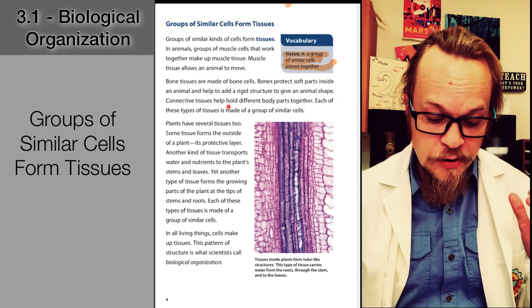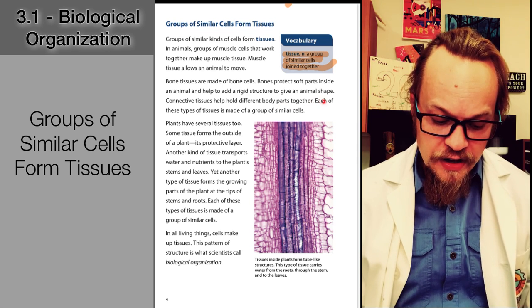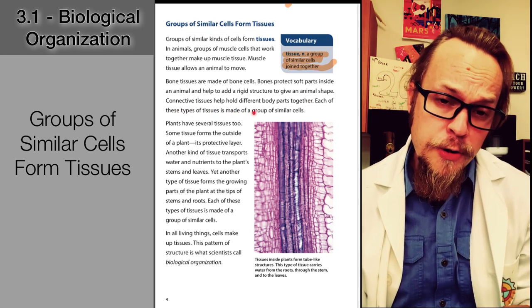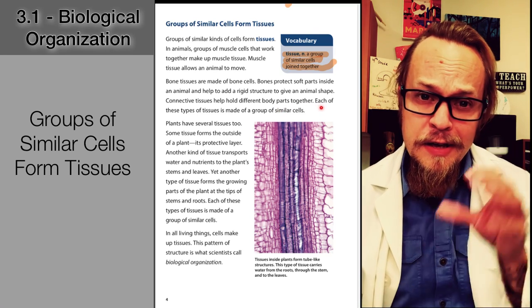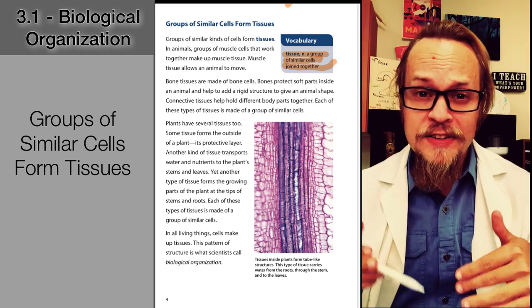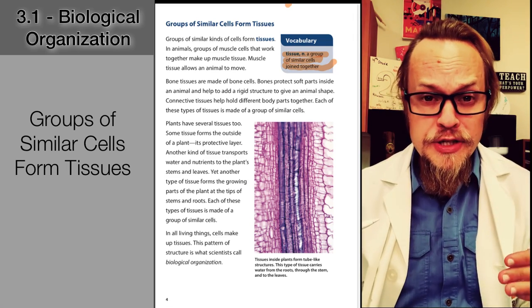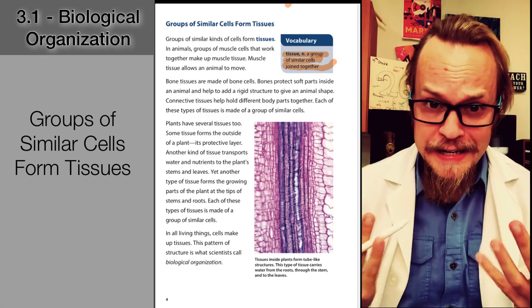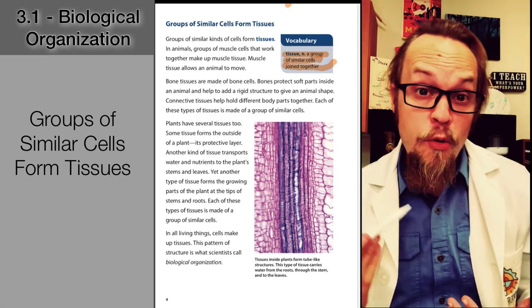Connective tissues help hold different body parts together. Each of these different types of tissues is made up of a group of similar cells. Your bone cells go with your bone cells to make bone tissue, muscle cells with muscle cells to make muscle tissue, and so on for all the different parts of your body and an animal's body or a plant's body.